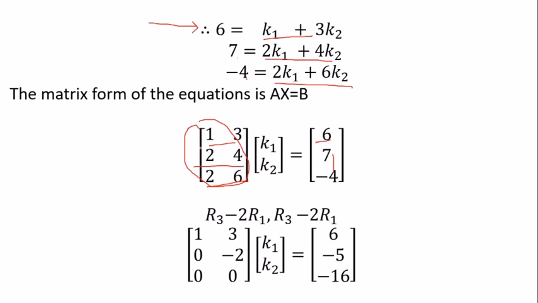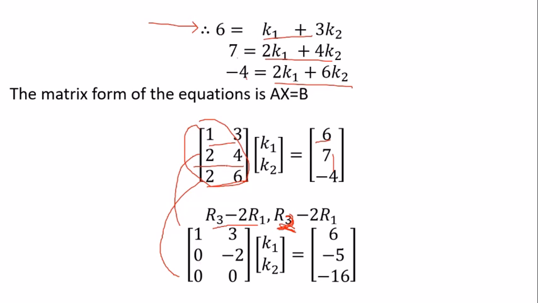So let us convert this 2 into 0 and this 2 into 0 by applying R3 minus 2R1 and R2 minus 2R1. When you apply this transformation, what you'll get?